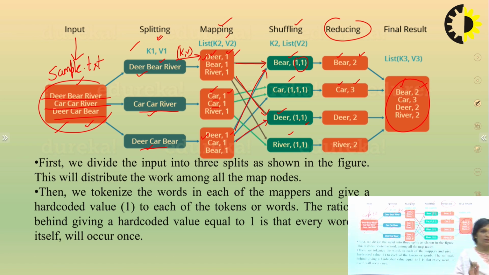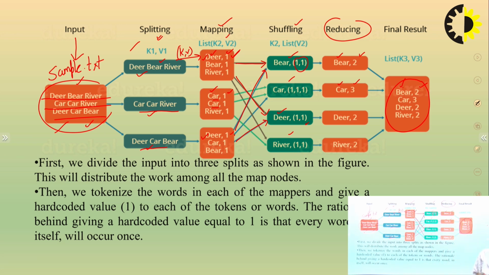It means finally overall we are dividing the input in 3 splits as you can see in the figures. This will distribute the work among all the map nodes and then we tokenize the word in each of the mappers and give a hard coded value. This one is the hard coded value.